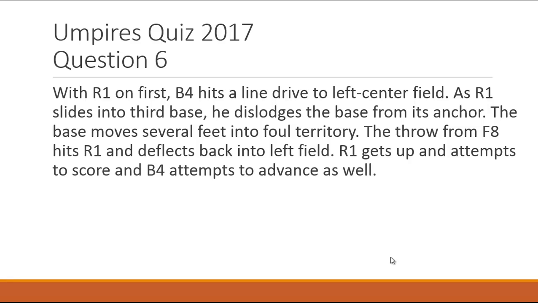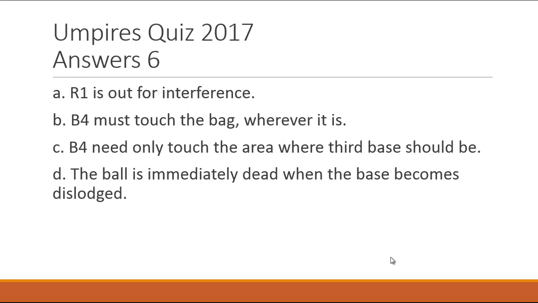The runner gets up and attempts to score, and the batter attempts to advance as well. So this is always possible. You've got a kid sliding into the bag, pops up and off and into foul territory. The throw comes in, hits the runner, bounces away. What goes on next? First of all, is the runner out for interference?